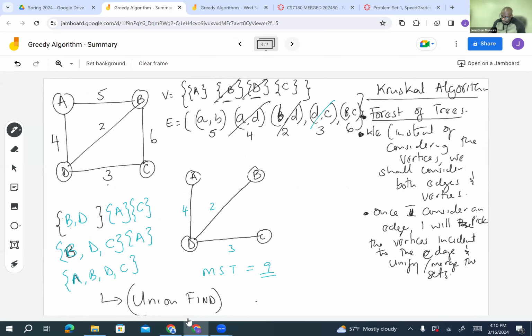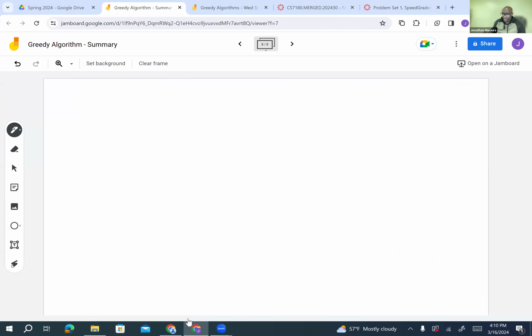Now let's see this again. Let's take a few minutes back and consider the greedy approach for the single source shortest path, the one we used with Dijkstra's algorithm.